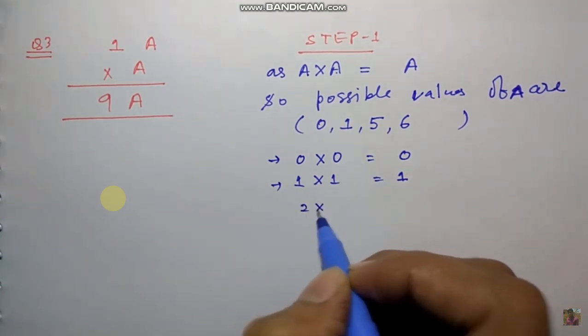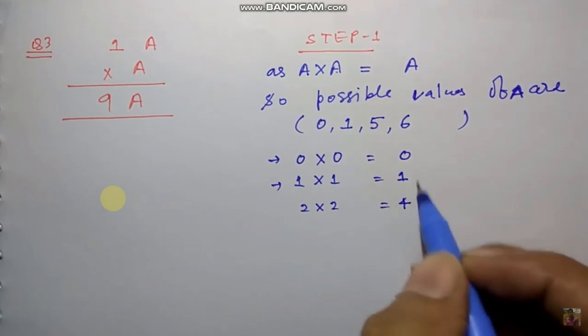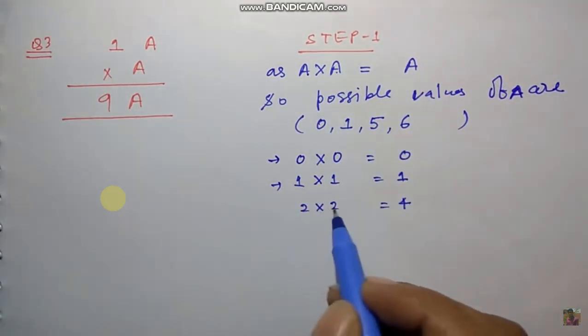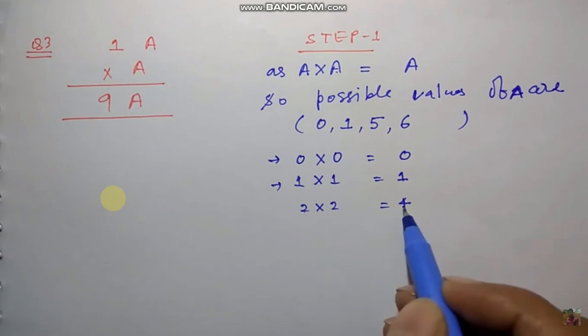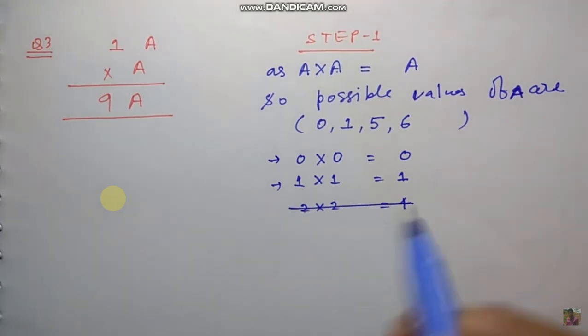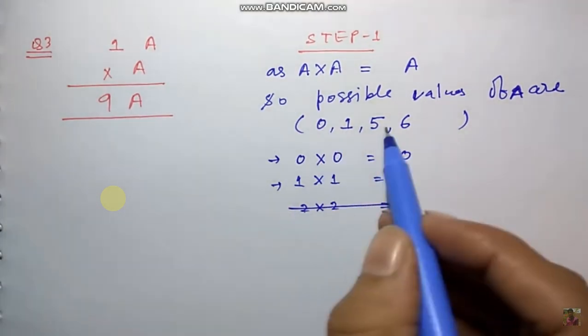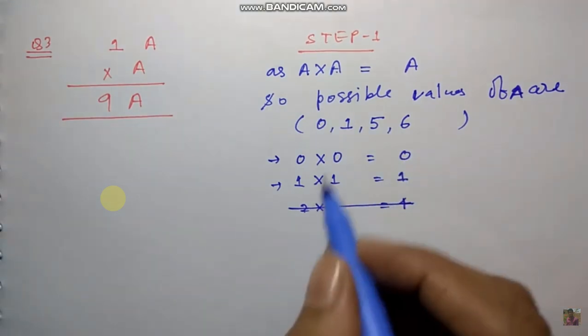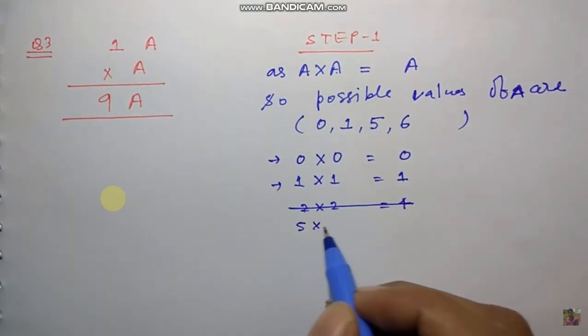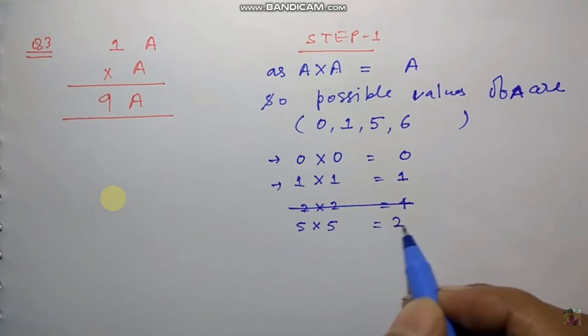Then we take 1: 1 into 1 is 1, again the tens place of the product is 9, so it does not work. Then 2 into 2 is 4, but the unit digit must be the same number, so 2 does not suit.